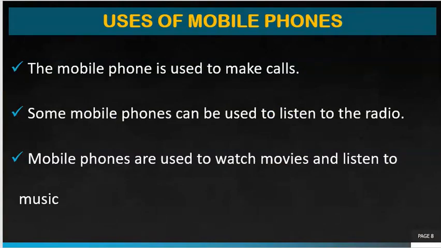Next, some mobile phones have an inbuilt radio, so we can use them to listen to the news. Then, mobile phones are used to watch movies and listen to music.